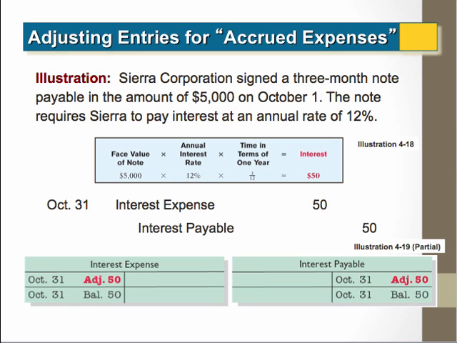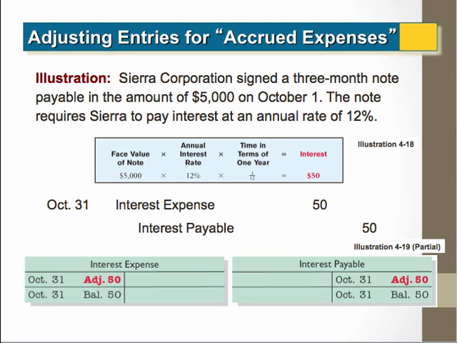Notice in the blue box here the calculation of simple interest. We take the face value of the note, multiply it times the annual interest rate, and then multiply it times the amount of time that we're calculating for the year. Since we are calculating monthly interest, we can use the fraction 1/12.